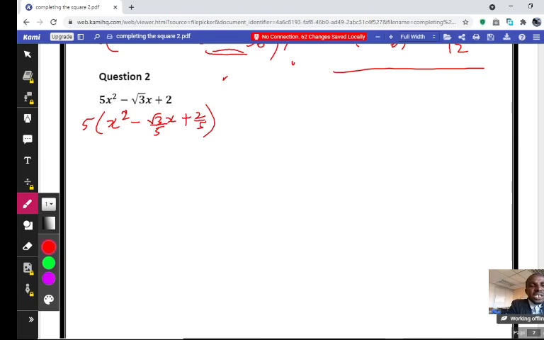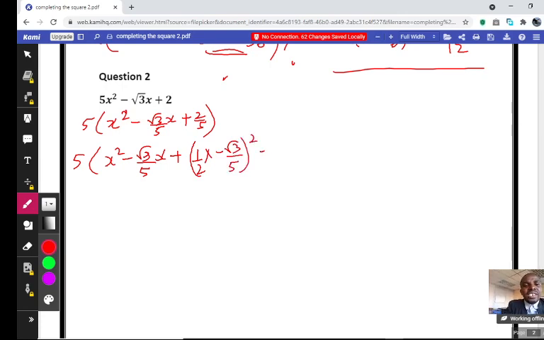Then after that, you complete the square of this quadratic expression inside the brackets. You maintain x squared minus root 3 over 5 x. To this one you add half the coefficient of x, which is minus root 3 over 5, squared, plus 2 over 5. To the constant you always subtract half the coefficient of x, which is minus root 3 over 5, squared.